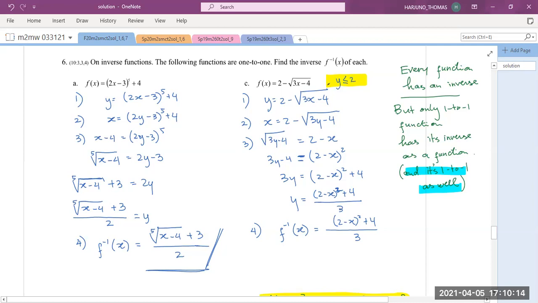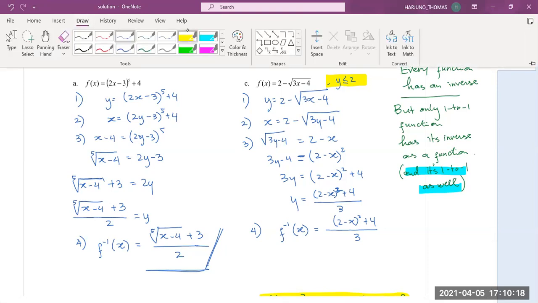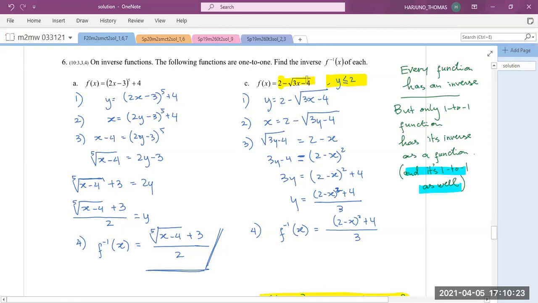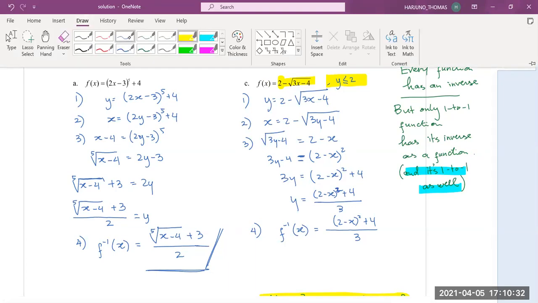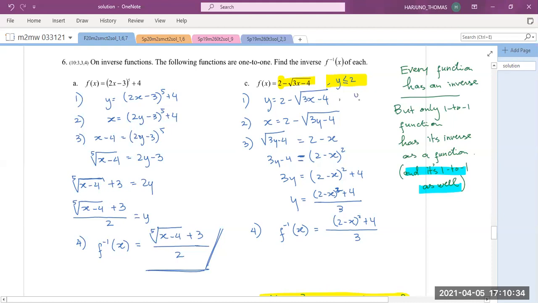How do you know that, Thomas? From here, you see this is 2 minus something, and you subtract something that is 0 or positive. It means y is at most 2. That's the one you need.